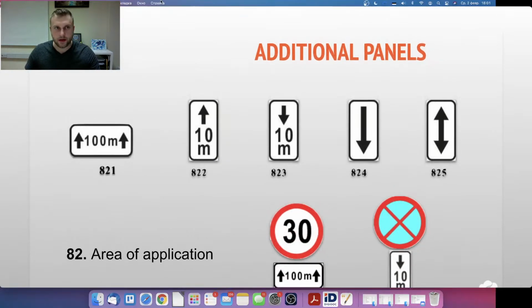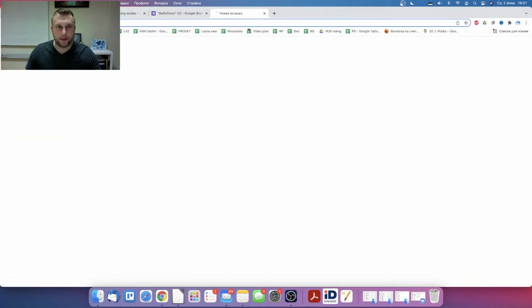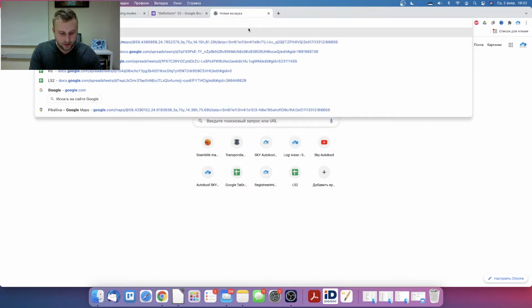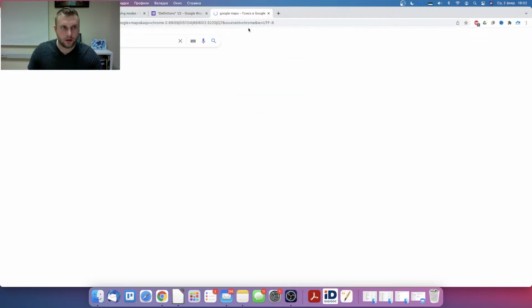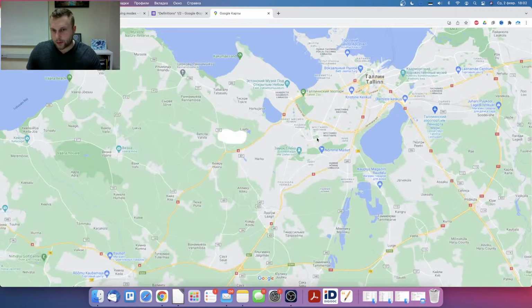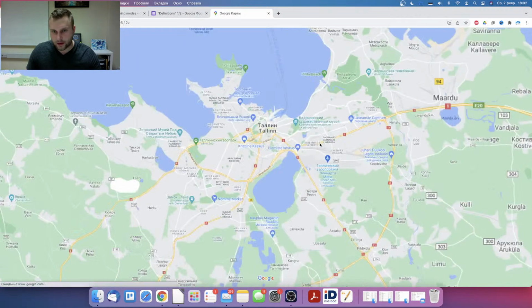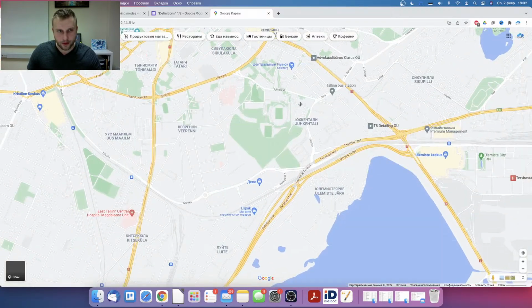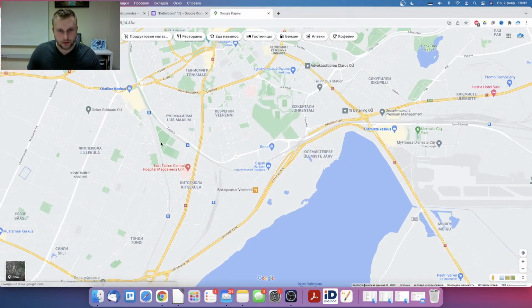Maybe I can even show you an example where exactly we can see this situation. One of the exam road places, it's near Muslima. Let me show you.